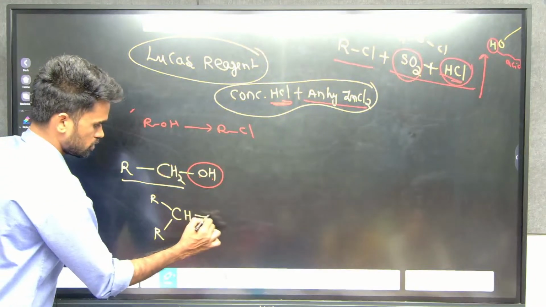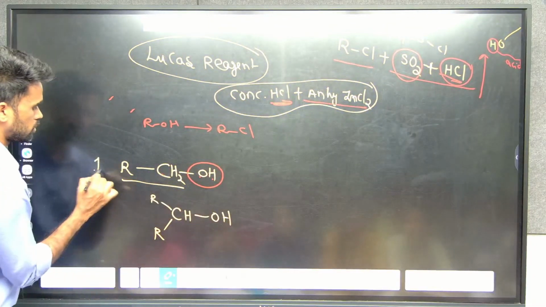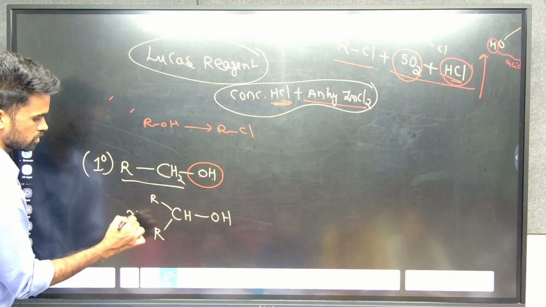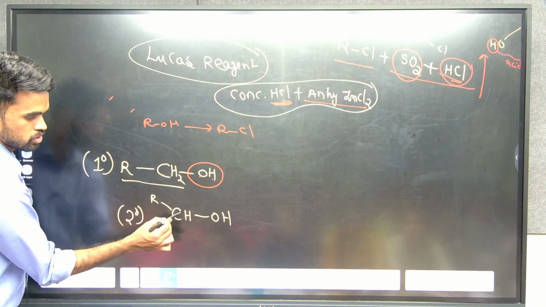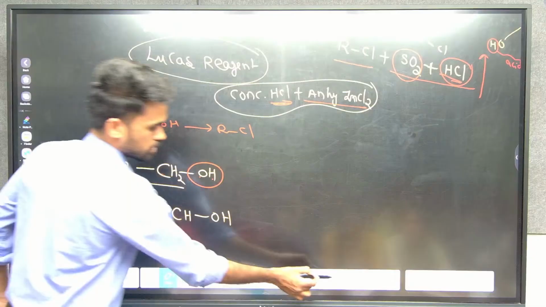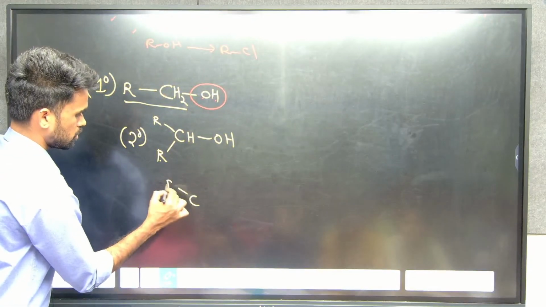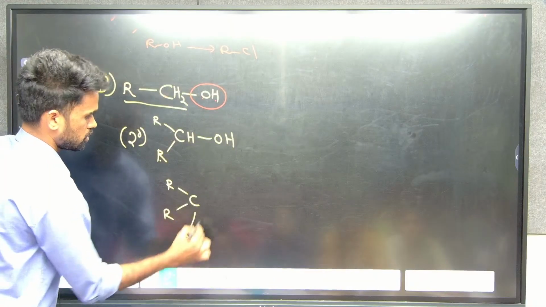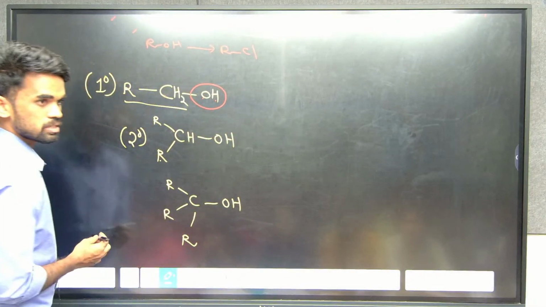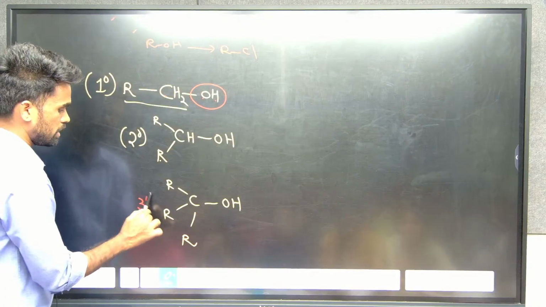Next one: how many alkyl groups are attached to this carbon? Two, so this will be secondary. Next: what about this? 3 alkyl groups, tertiary. Is this clear everyone? How to identify primary, secondary, tertiary?